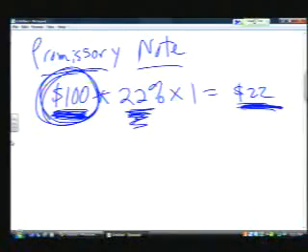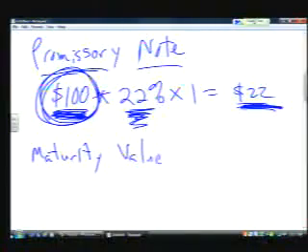Now, the amount that you're going to have to pay back is called the maturity value. So in this case, the maturity value, that means the amount you pay back, is the principal plus the interest.